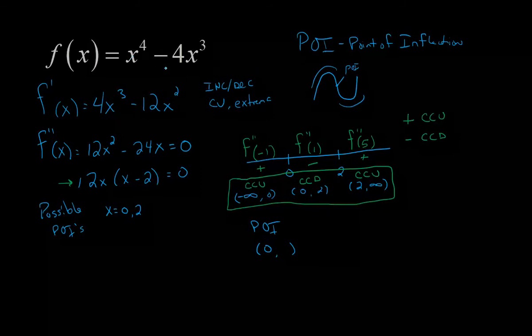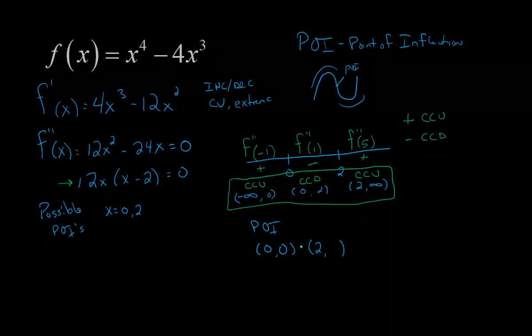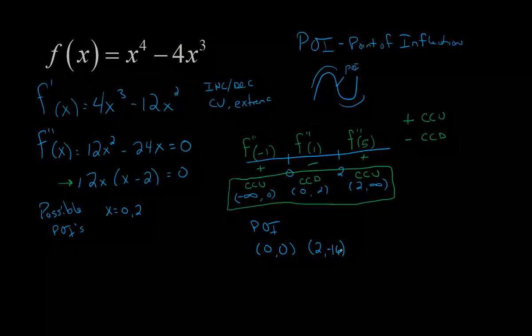So if I plug in 0 here, I'll get 0. At 2, I had a change in concavity as well. And if I go back to the original function and I plug in 2, that'll wind up being -16. So those are my points of inflection and my concavity intervals for this function right here.